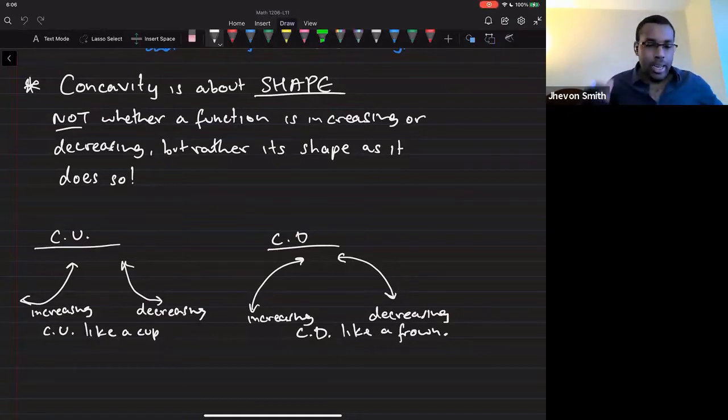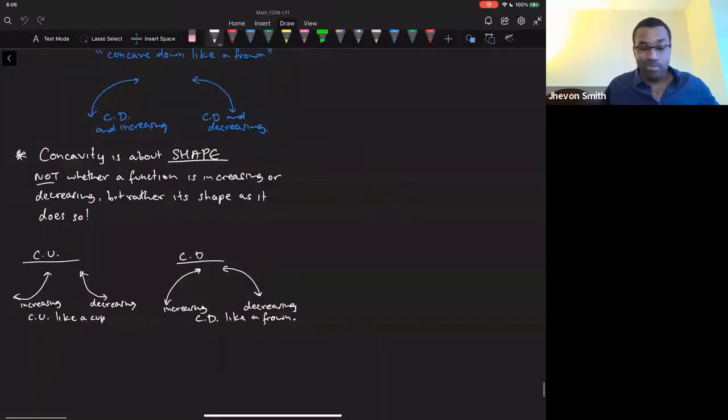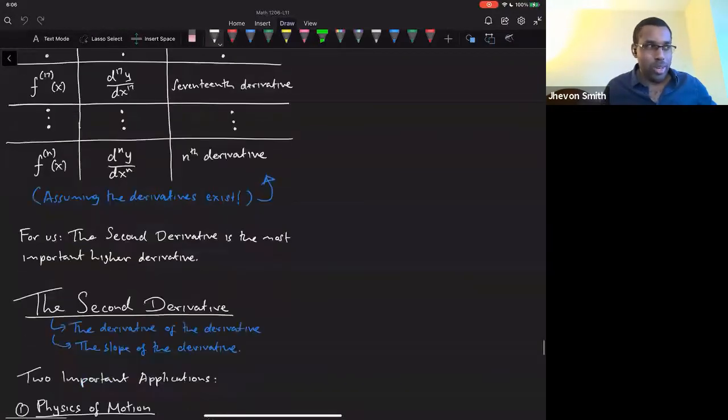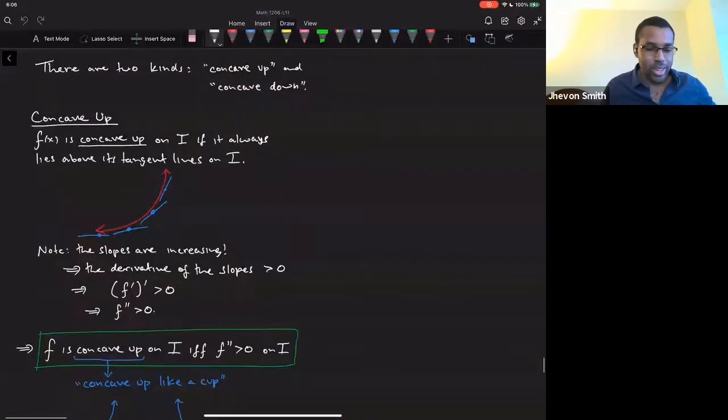That being said, we have more notes to talk about for some properties of what derivatives can tell us about curves. I don't really want to open up a new page here. I just kind of want to continue here.